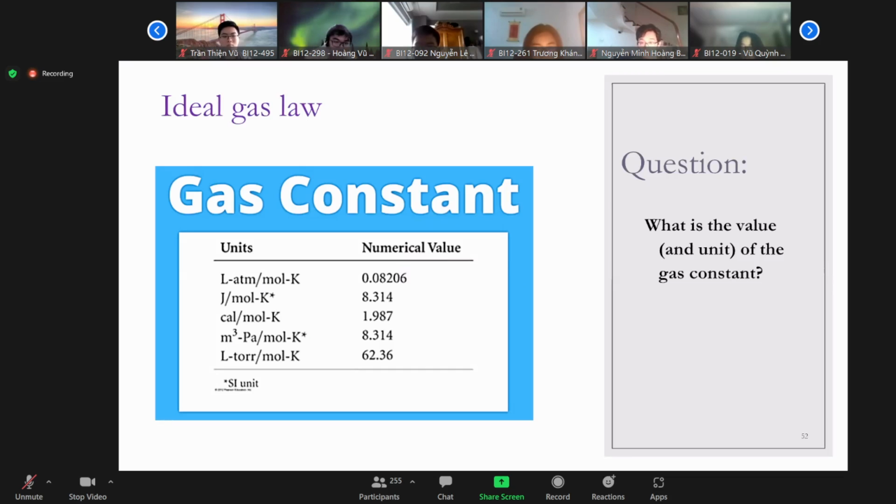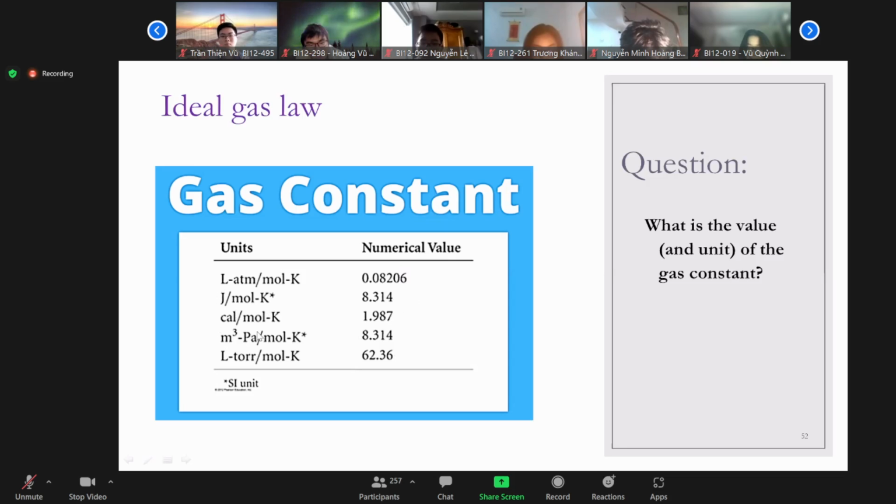But for the SI unit, actually we use this: joule per mole Kelvin, and the value is 8.3 something. So this is the SI unit, and I think you are going to see this value much more than the other value from now on, because we are going to use the SI unit.